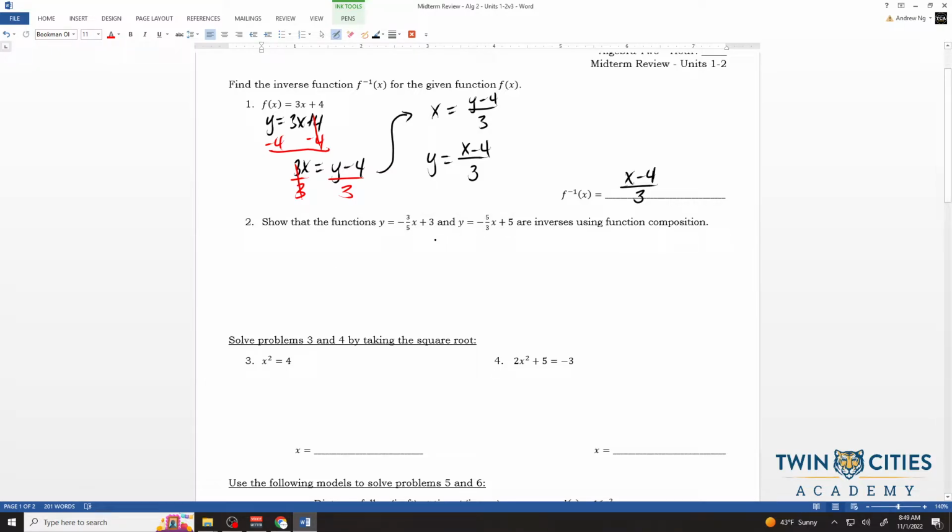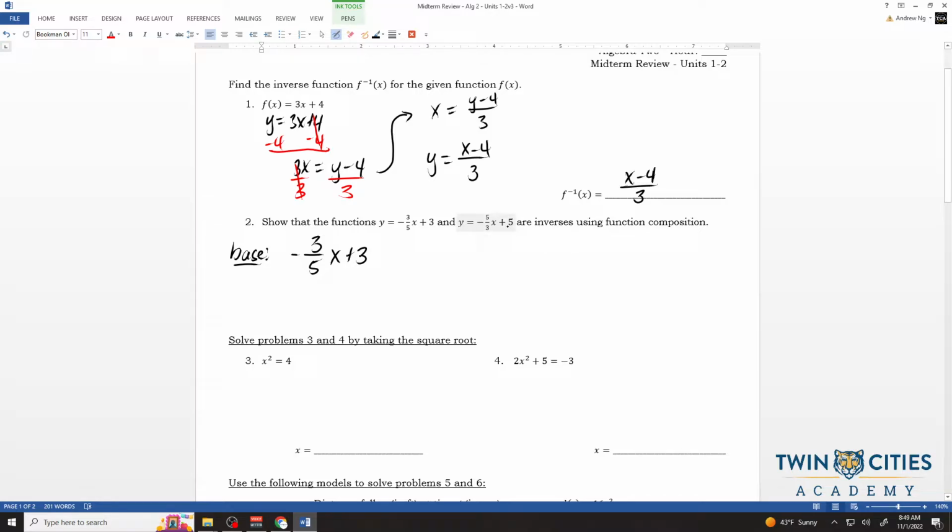First, pick one of these functions, and that's going to be our base. So for simplicity's sake, let's just pick this first one. That'll be our base. Negative 3 over 5x plus 3. Next, I'm going to take the other function here, and I'm going to replace x in my base with this other function.